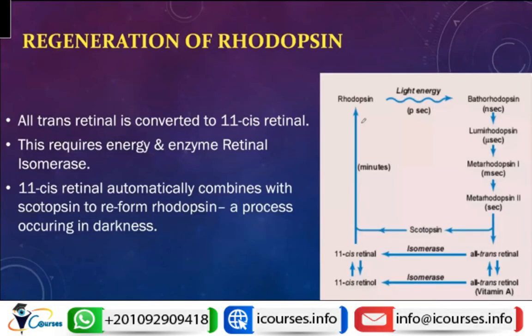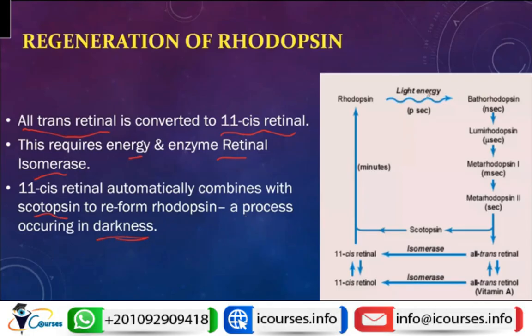So again, regeneration of the rhodopsin means that we can convert the all trans retinal into 11-cis-retinal. This requires energy and the enzyme retinal isomerase, and the 11-cis-retinal will automatically combine with the scotopsin to reform the rhodopsin, which is occurring in the darkness.